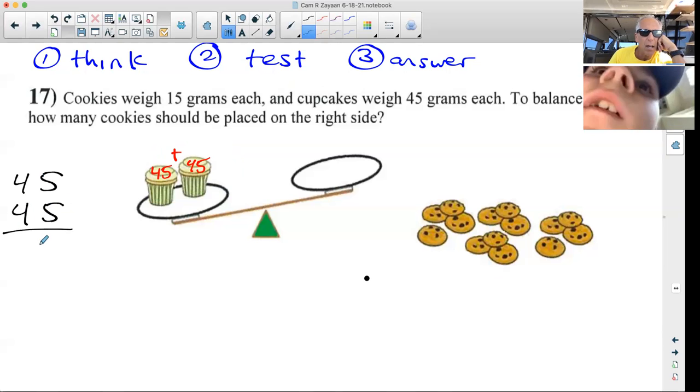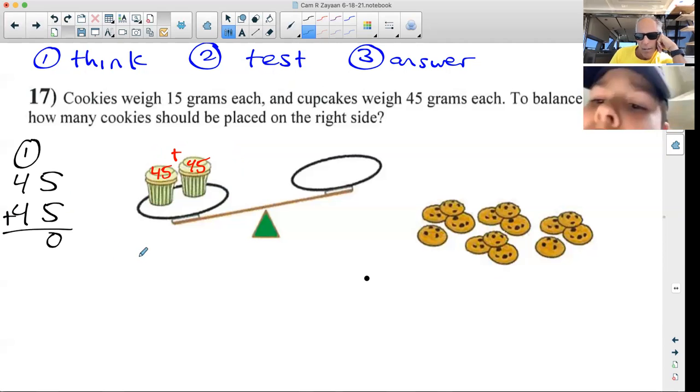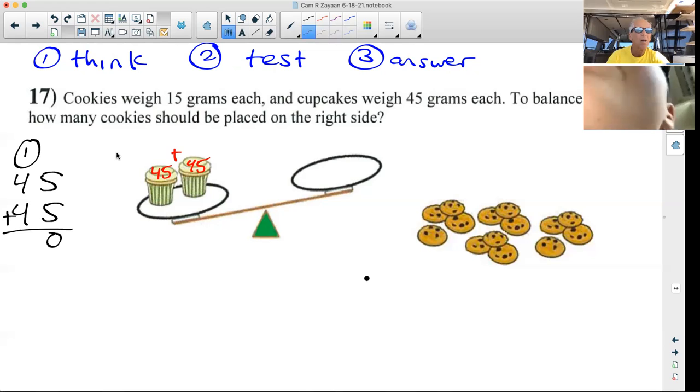So 5 plus 5 equals 10. Carry the 1. 1 plus 4 plus 4 equals 9. 90. Yay. So now you know that the cupcakes part of the scale weighs 90.